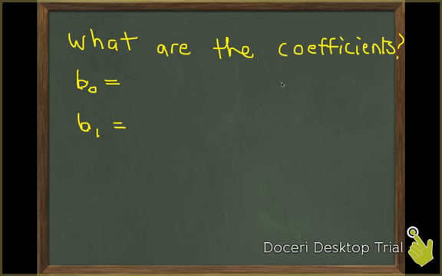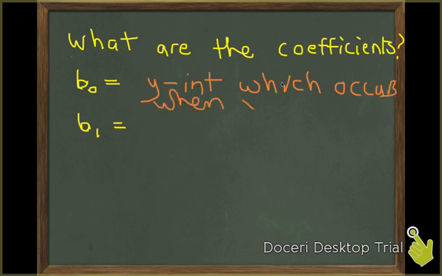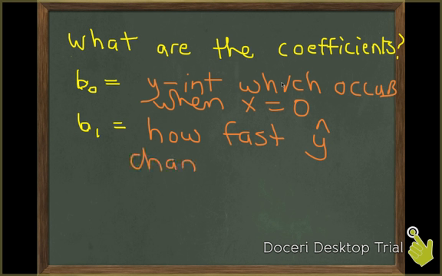The coefficients are b sub 0 and b sub 1. b sub 0 is the y-intercept, which occurs when x is 0, and b sub 1 is how fast the y hat values change with respect to x.